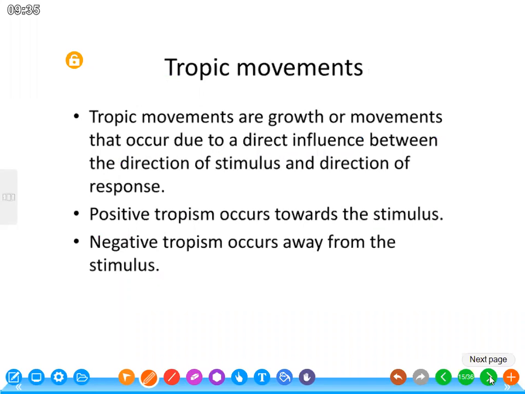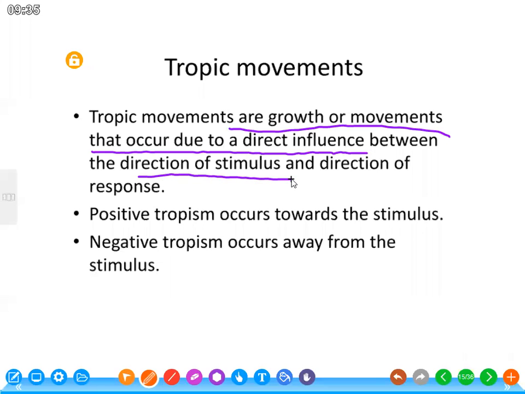Now let us see about tropic movements. Tropic movements are growth or movements that occur due to a direct influence between the direction of the stimulus and the direction of the response.